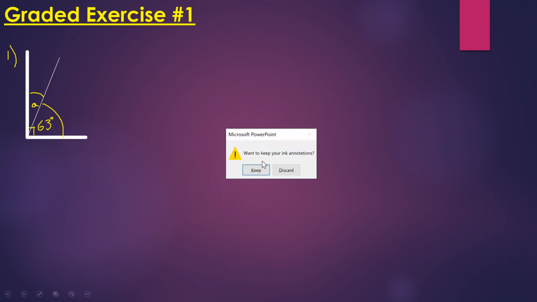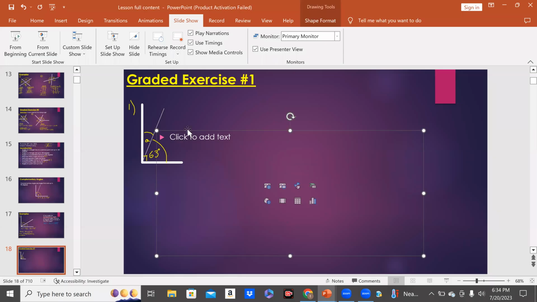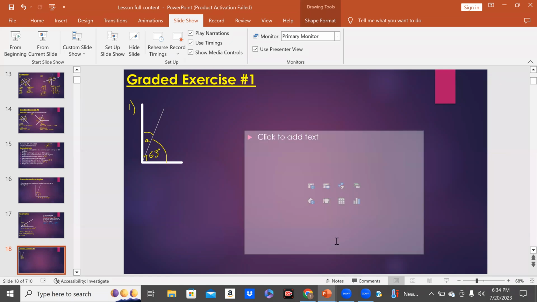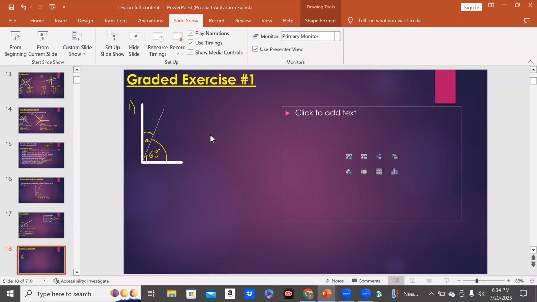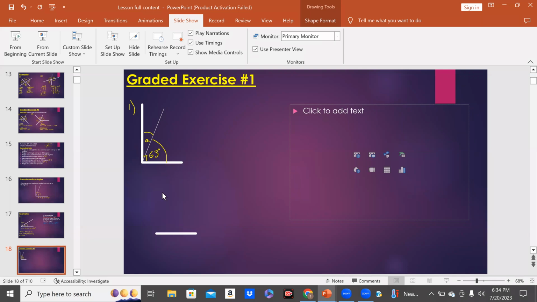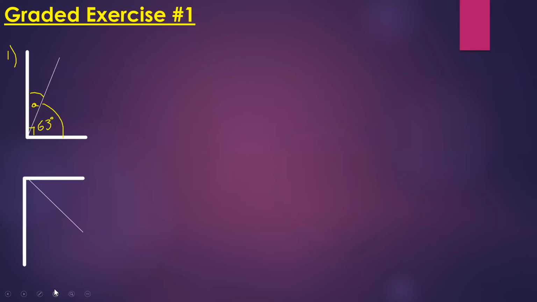So for this one, we're going to find the value A. Number 2, again, we want to find the value of the missing angle.